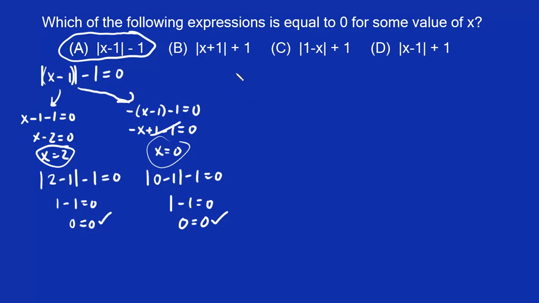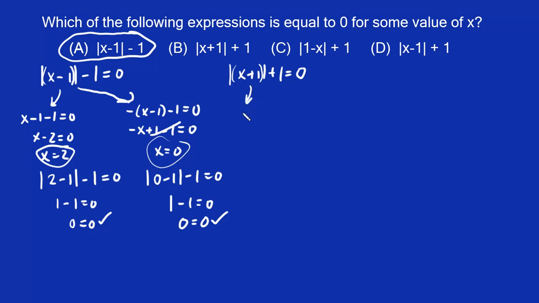To double check that you didn't make any arithmetic errors, we can look at this other possible answer B and do the same thing. If we had the absolute value of x plus 1 and we set that equal to 0, we do the same thing. Whatever's inside the absolute value symbols, we put parentheses around, and one will be positive, one will be negative.